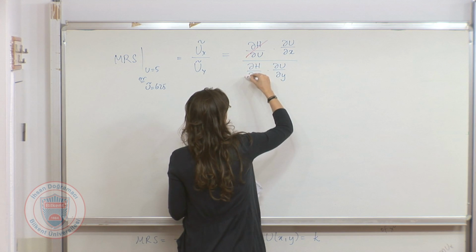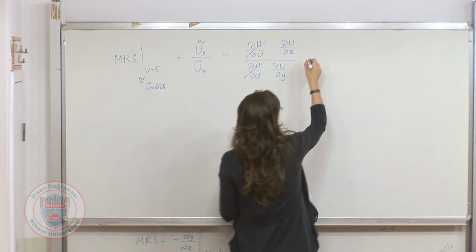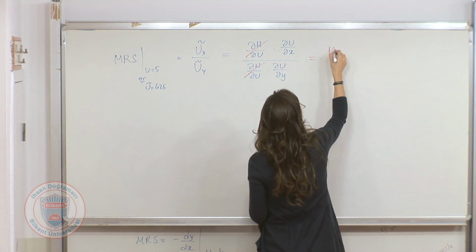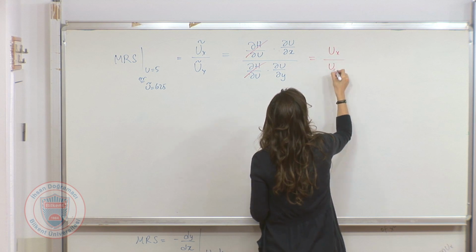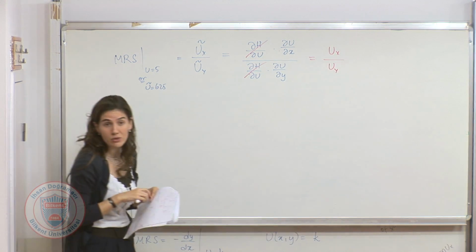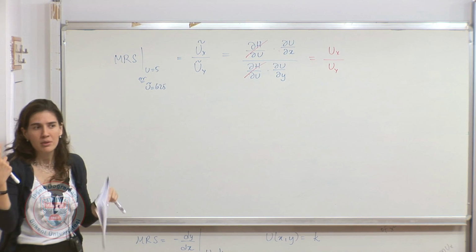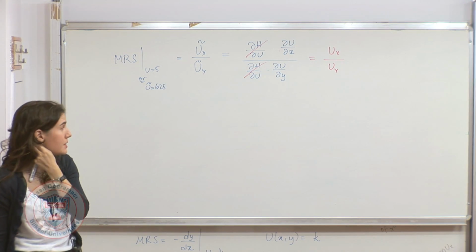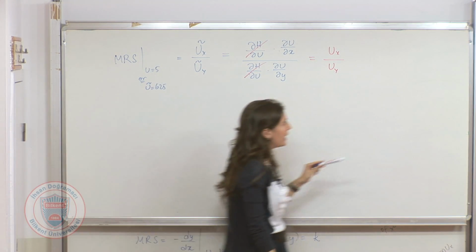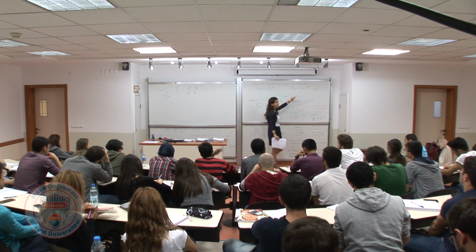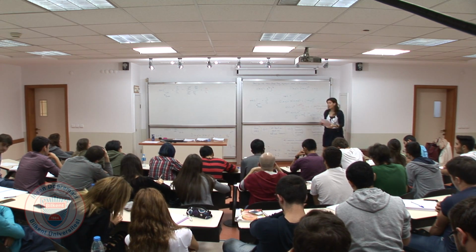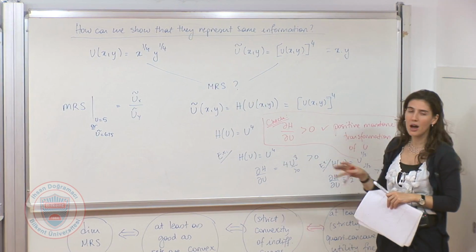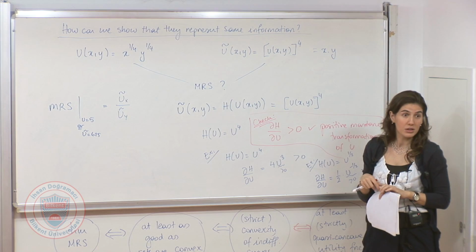You see what happens? These guys cancel out, and I'm left with u of x, and I'm left with u of y. You see, apparently, we were not doing something wrong. Apparently, the marginal rate of substitution, if I take a positive monotone transformation of that, they are the same, right?